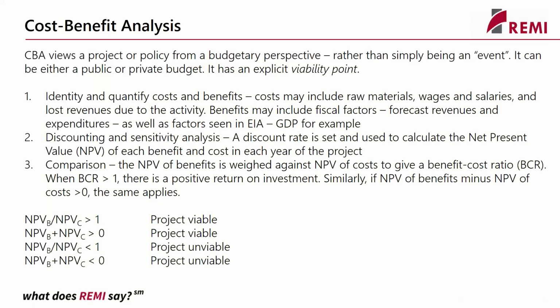If you're missing certain costs, or you're missing certain benefits, if the scope of the project is not being fully taken into account, like I mentioned before, if you're only looking at the direct impacts with economic impact analysis, you're missing out on indirect, you're missing out on induced, and that can multiply the impacts of some projects many times over the direct impacts. So this viability point is only going to be as useful as the scope and the veracity of your method.